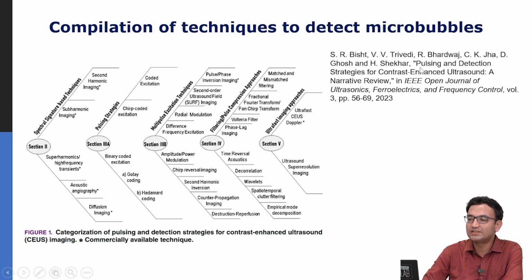You may find this interesting: pulsing and detection strategies for contrast enhanced ultrasound, a narrative review. As you can see, there are a variety of techniques which are categorized into different modes. We are unable to discuss all these topics in today's lecture, but I hope you will look this article up.